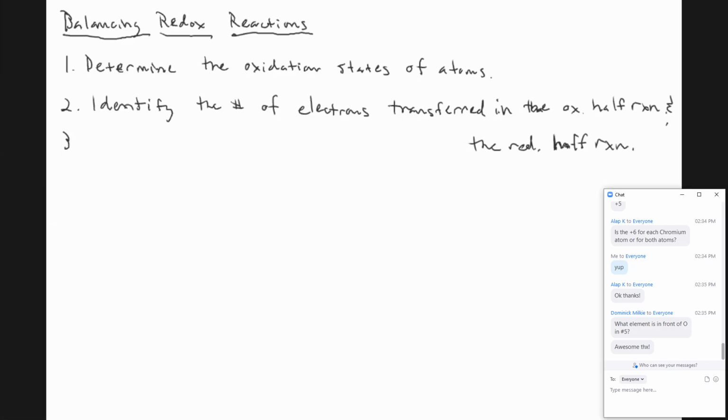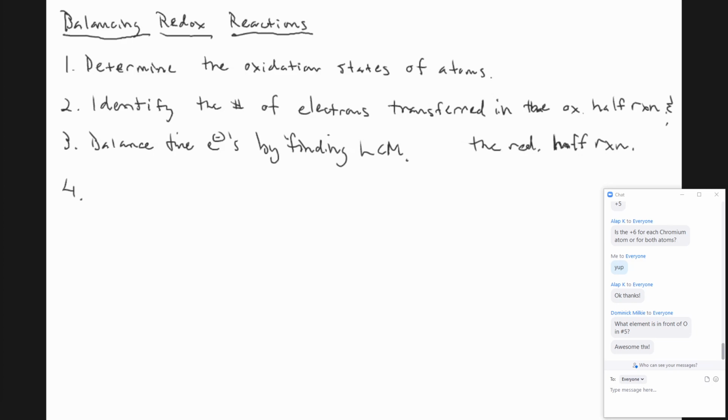Third, balance the electrons by finding the least common multiple. The LCM, least common multiple between the number of electrons transferred.